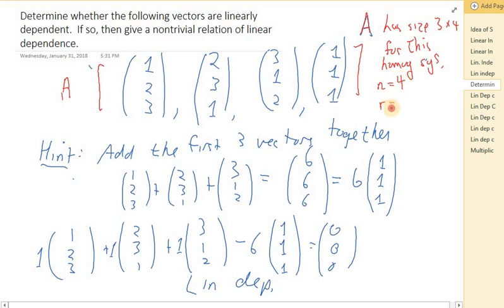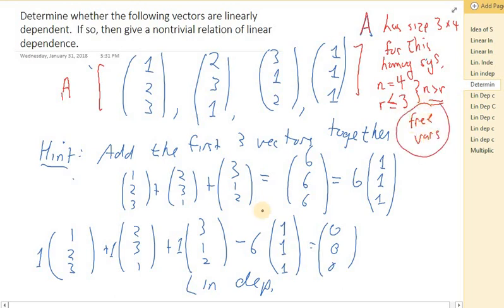And what's R? What's the number of pivot columns? Well, I don't know what R is, but I can't have more pivot columns than I have rows. R is less than or equal to 3. Taking these two together, that means that N is greater than R. Now, we know when N is greater than R, that means we have free variables.